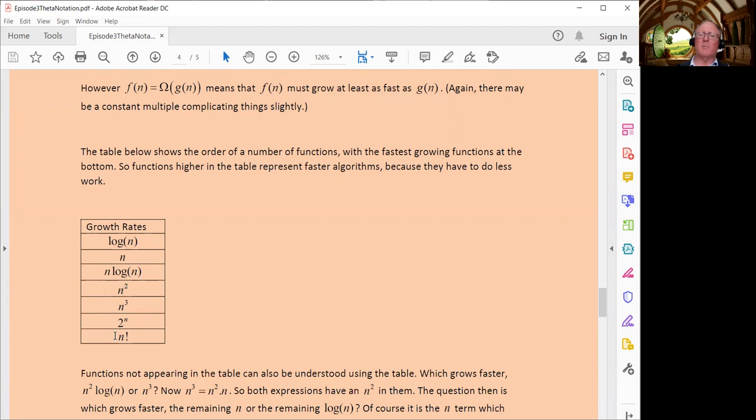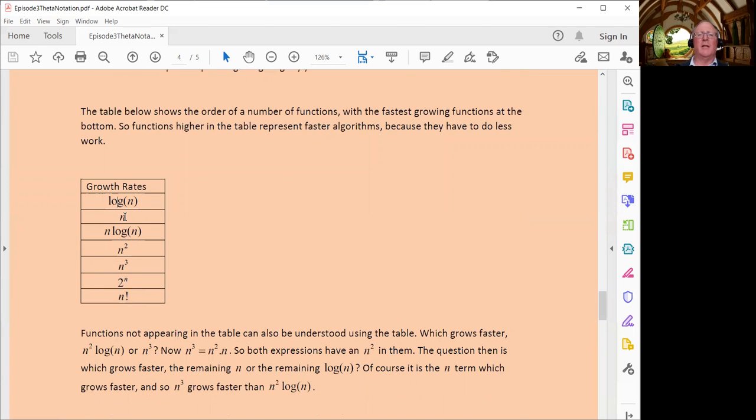The faster the number of operations grows, because that's what this is counting. It's counting basically the amount of work your algorithm is doing. And so the more work it does, the slower it runs. So if you've got something that's measured by one of these functions near the top, that's great. If you've got something measured by these functions down the bottom, not good.